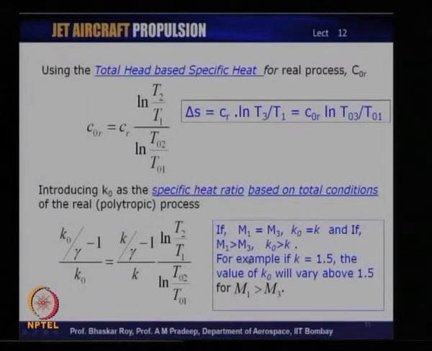For example, if K is equal to 1.5, the value of K_0 will vary quite a lot above 1.5 if M1 is greater than M3, and this variation along with the Mach number or velocity variation across the compressor would have to be factored into the rigorous cycle analysis that needs to be done to get a more realistic appraisal of the work done and the efficiency of the compression process.